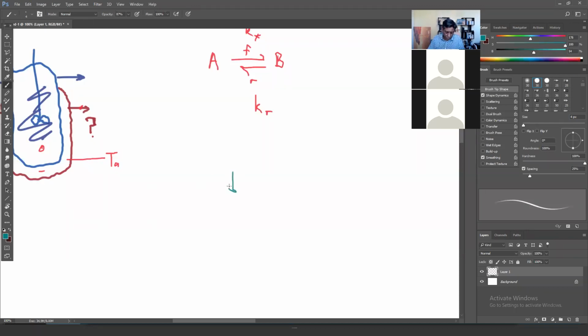So you've got a CSTR in series with a PFR. And there's interstage cooling. So you've got a cooler here. And you've got your PFR here.